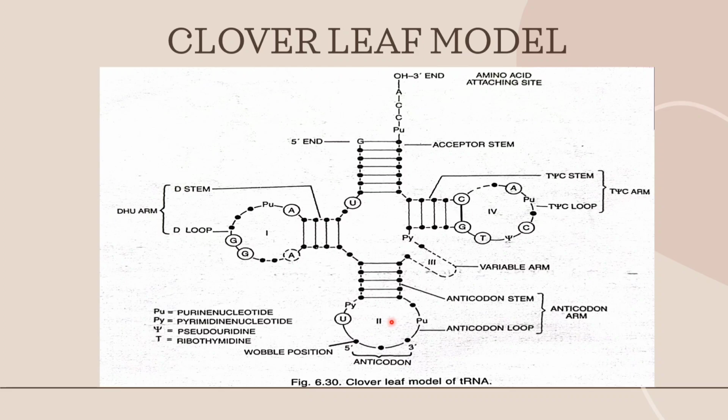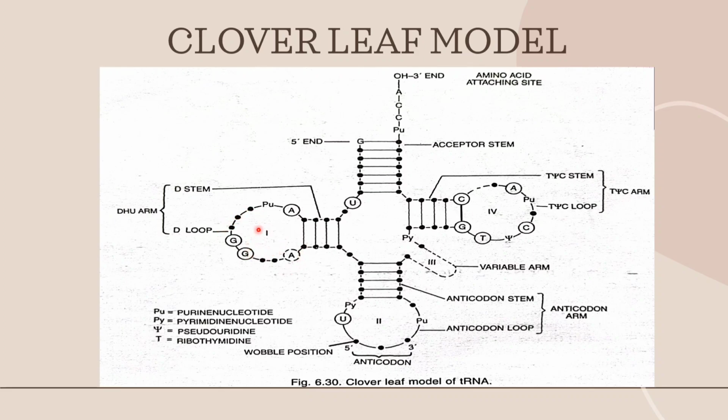Anticodon loop or arm: this loop or arm recognizes the codon on mRNA. This anticodon decides the type of amino acid which will attach to the 3' end of tRNA.